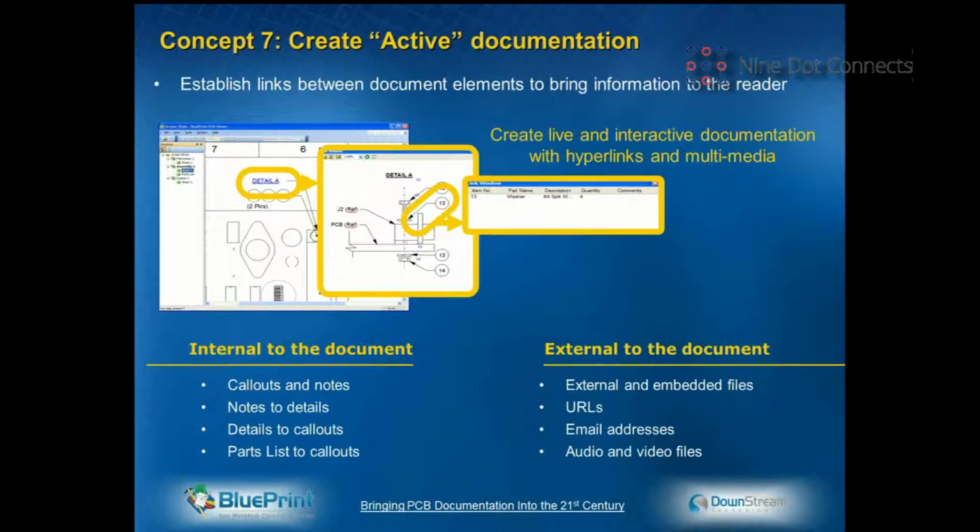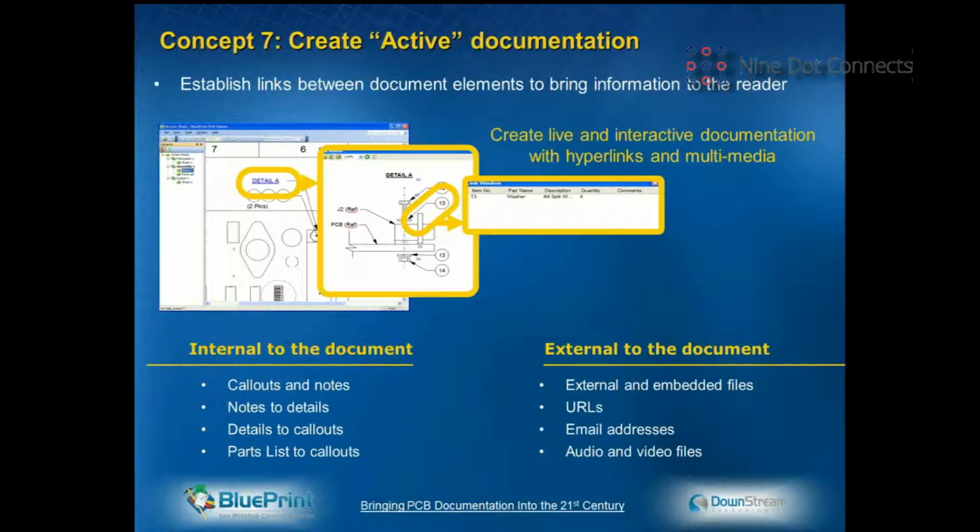We wanted to create the idea of active documentation or live or intelligent documentation. Right now, the buzz through the industry is intelligent PDF. Well, we can go well beyond intelligent PDF. Here's just an example of one area that we could do it.